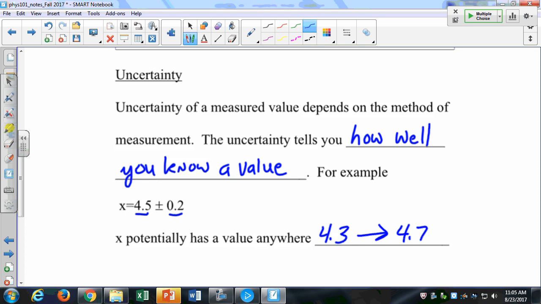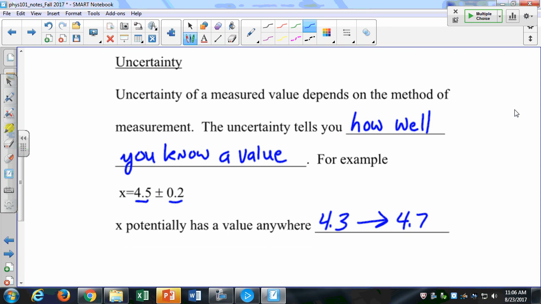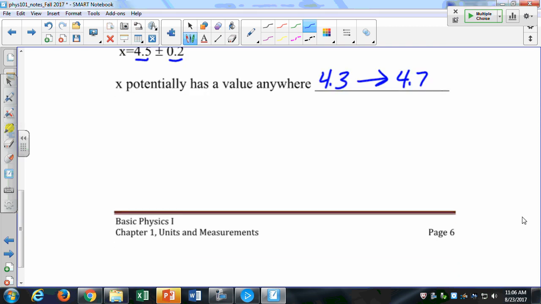You've probably seen uncertainty reported in this way, but it means that there's a range of values over which x has a valid value, that you just don't know what it is. It's not exactly 4.5, it's somewhere in that range. That's all we're really going to say about uncertainty now. As I said, you guys will do that more in lab in more detail. And as you get into some of your higher level classes, even in biology, you should be studying that as well.